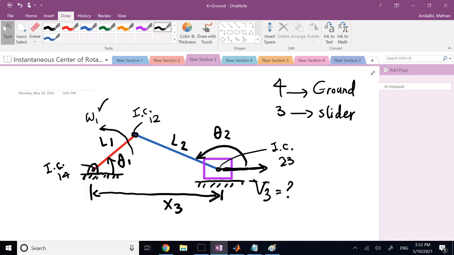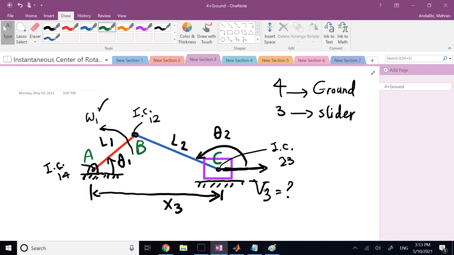How can you do that? Well, again, if you give some names to the members, you can call this point A, this point B, and this point C, and then go from A to B and B to C, trying to find the omega of member BC as well as V of point C or V of object 3 basically here through general velocities.